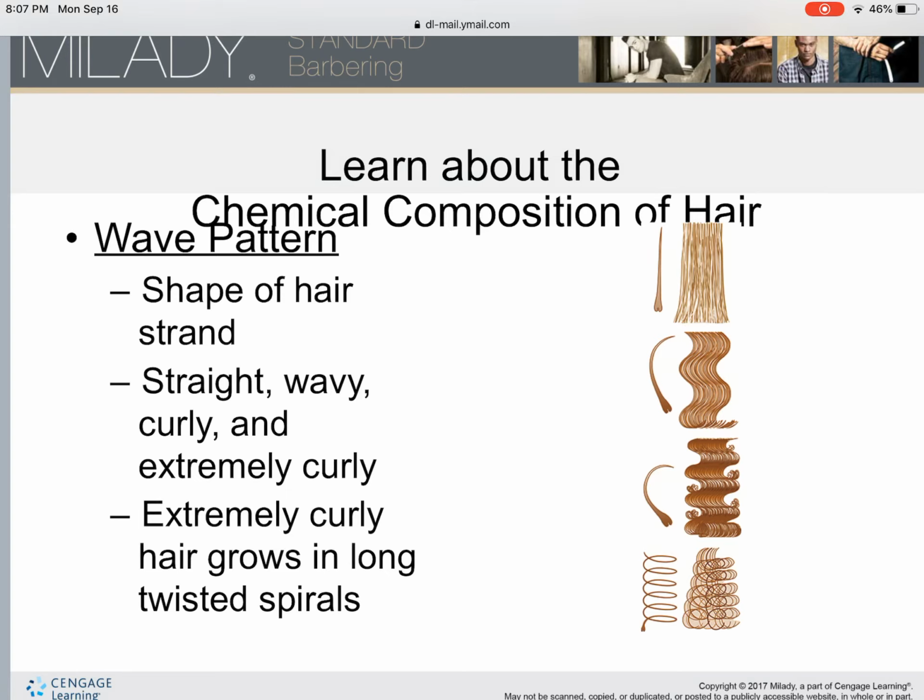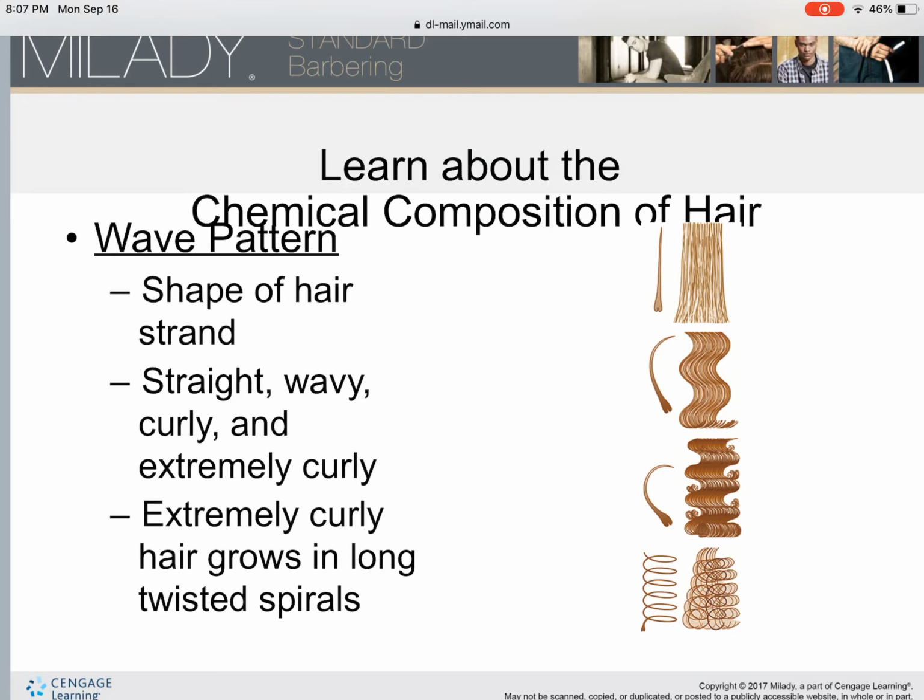Your natural wave patterns are the result of genetics, although there are many exceptions. As a general rule, Asians and Native Americans tend to have extremely straight hair. Caucasians tend to have straight, wavy, or curly hair. And African Americans tend to have extremely curly hair, or coily. We may call it coily hair, but it's extremely curly hair.